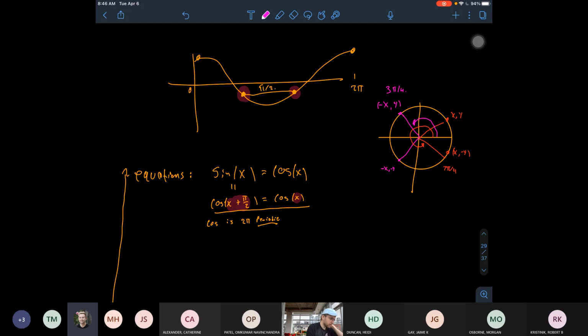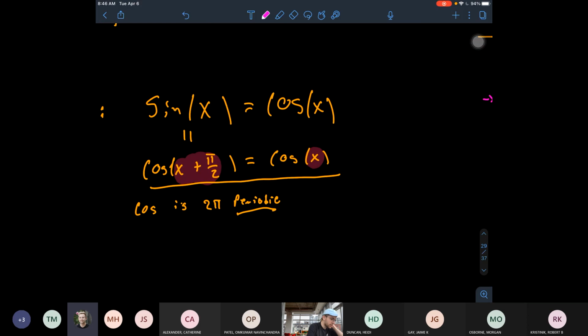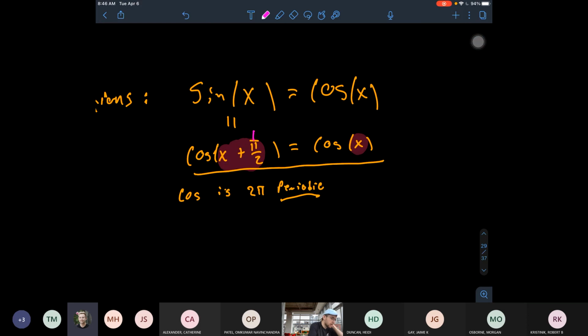I guess the takeaway from this was that maybe we shouldn't have expected the periodicity to come into this equation, since x plus pi over 2 and x are, of course, not going to be 2 pi units apart. They're going to be pi over 2 units apart because, if you take x plus pi over 2 and you subtract x from it, what are you going to get?